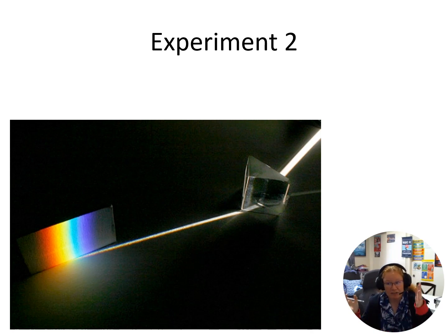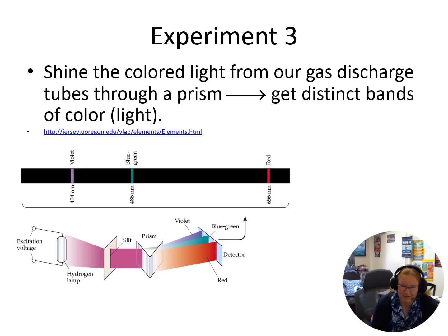White light gives us all the colors, but my cathode ray tubes give me individual colors, so I shouldn't see the entire spectrum when I separate with the prism. And indeed, that's what happened: we got distinct bands of color.